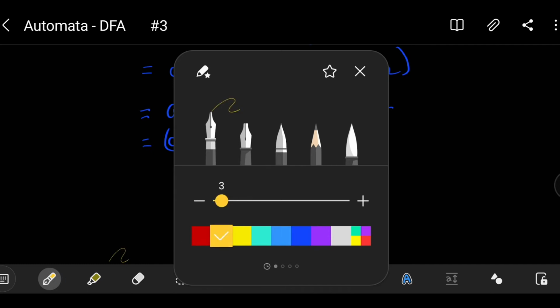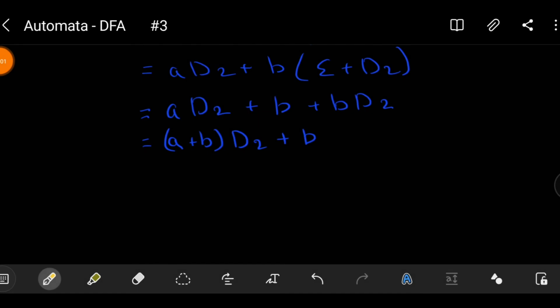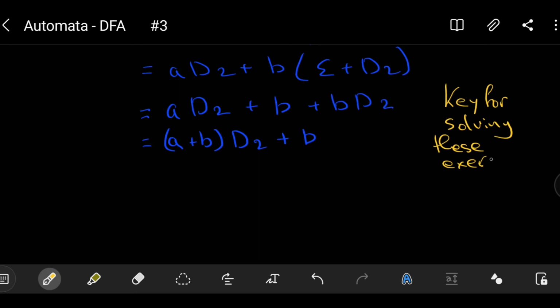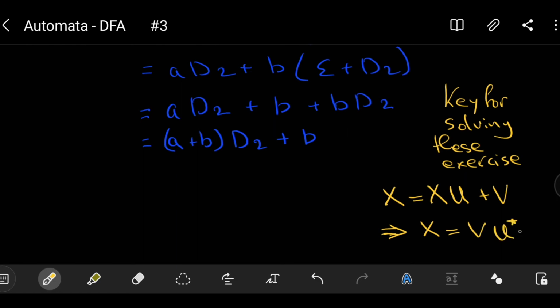and the key for solving these exercises is that x equals x u plus v is equal directly, and we can replace it with x equals v u star.